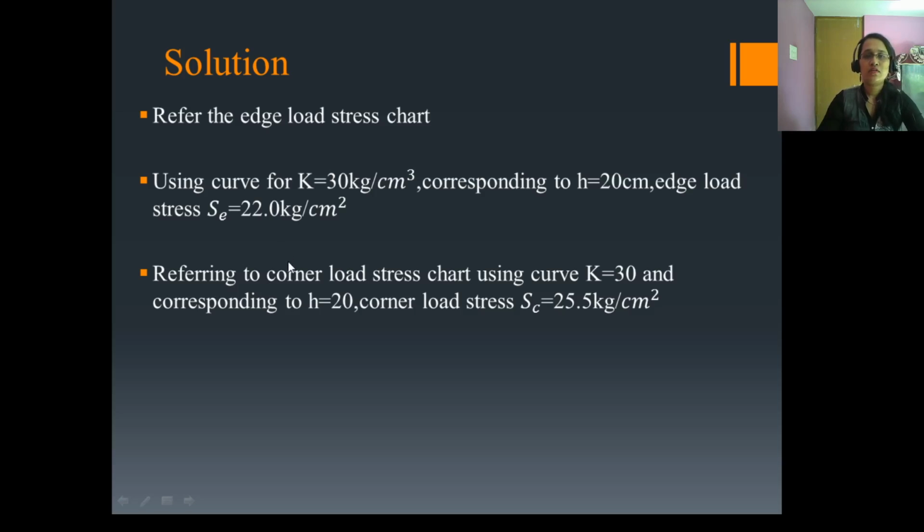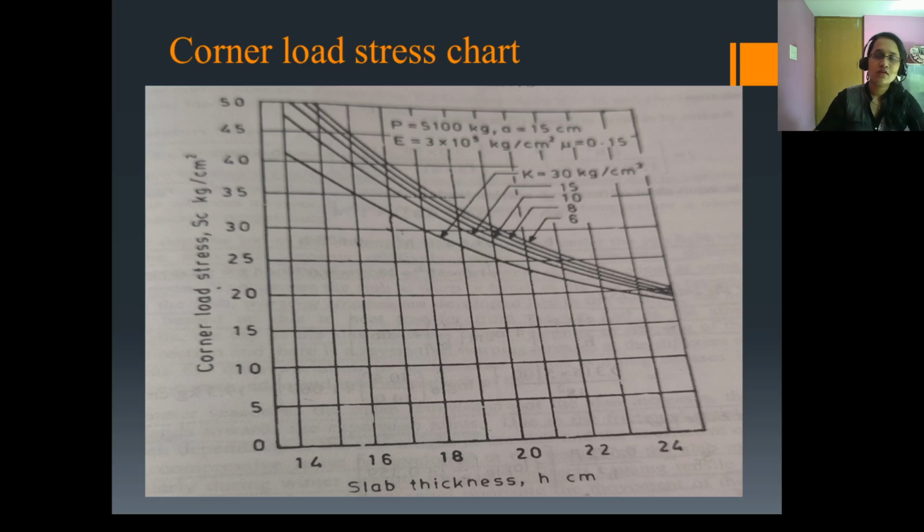Similarly, referring to the corner load stress chart, K value is given to us and H is given as 20. For the corner load stress chart, we know K is 30. This curve you have to refer since it is given in the problem as K equals 30. H is given to us as 20.